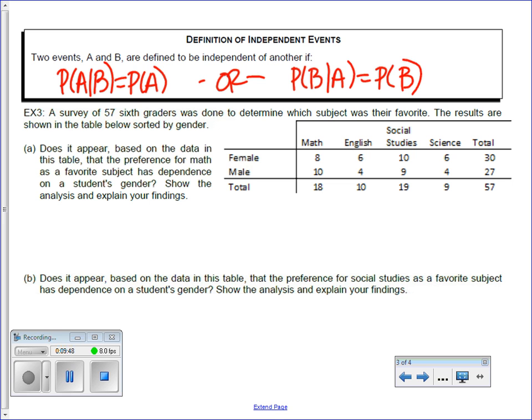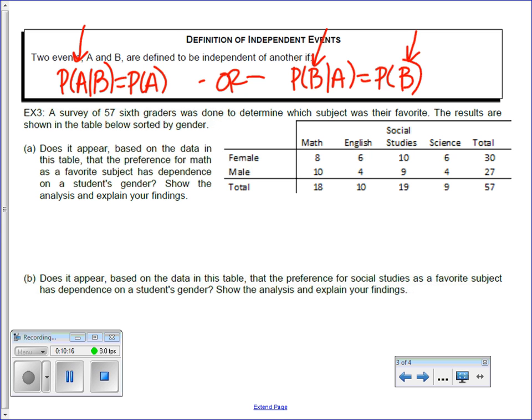It says the probability of A given B should equal the probability of this first letter A. That tells us that they're independent, the probabilities are the same, they didn't change. Or if the probability of B given A is equal to the probability of B. So again, B was the first letter here. Just two ways of looking at it, two different ways of writing it, just to show you the pattern here.